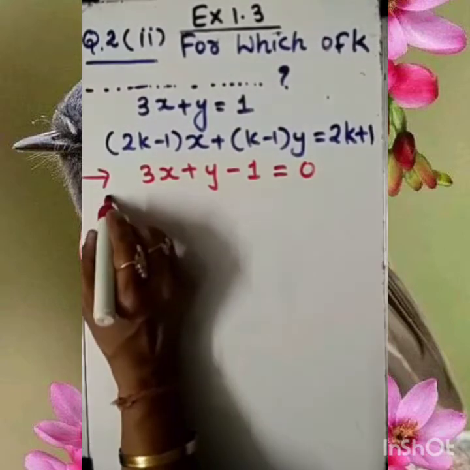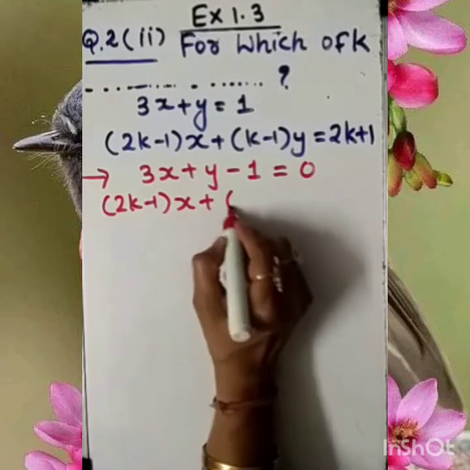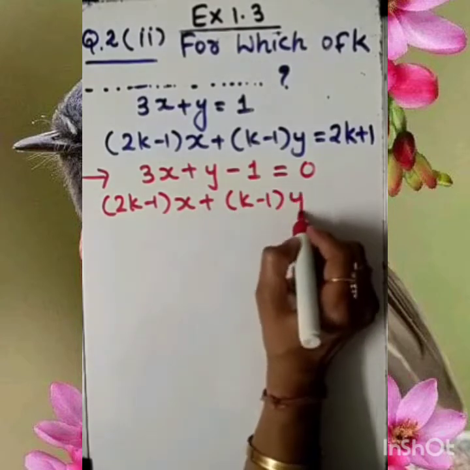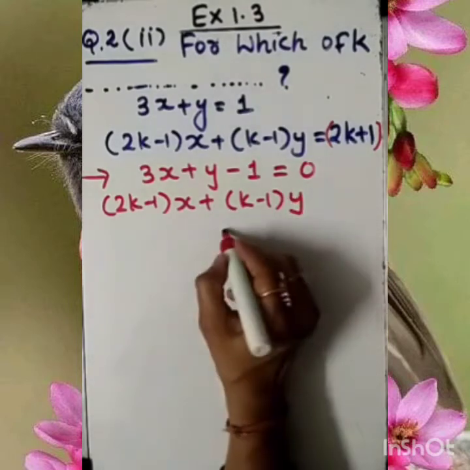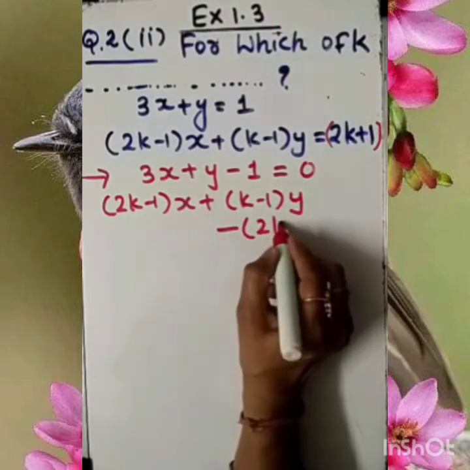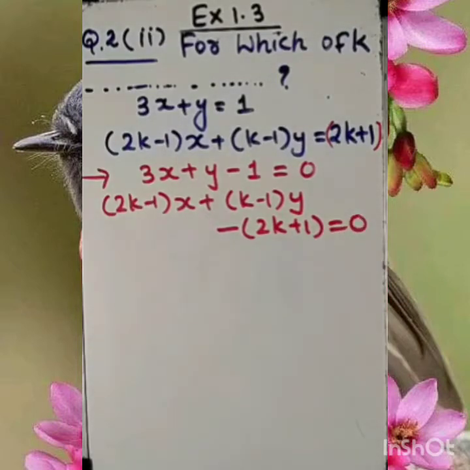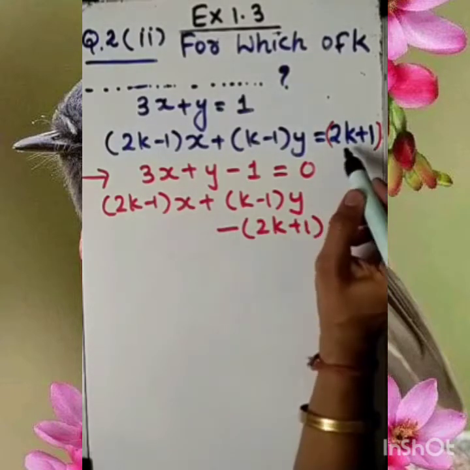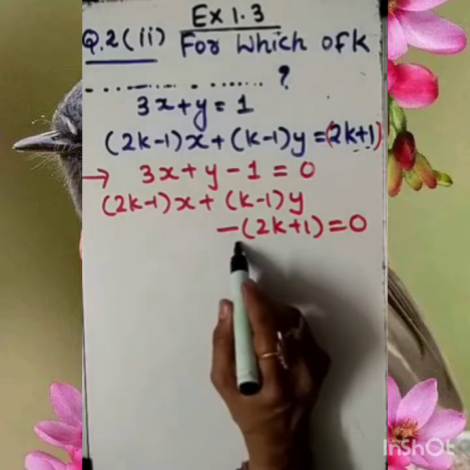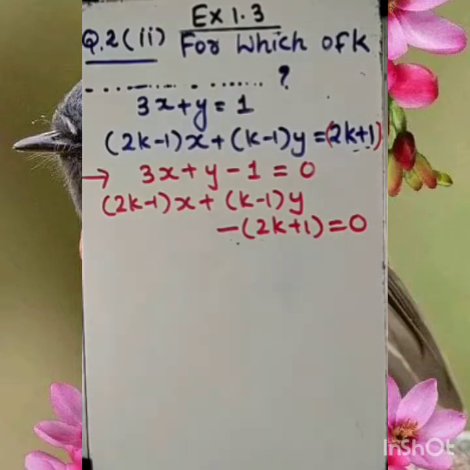The other will be (2k minus 1)x plus (k minus 1)y, and this I am keeping in brackets, minus (2k plus 1) equal to 0. We are bringing this full term to this side, so it is minus (2k plus 1) equal to 0, right?